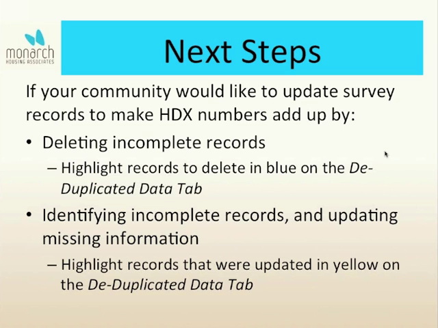If you are updating a record so that it has the gender information, the ethnicity, or race information that was missing on the original HDX summary tab that we sent you, please highlight that record, again, on the deduplicated data tab in yellow. And like I said, this PowerPoint is not going to evaporate. It's going to be available, and you can refer to it if you have any questions regarding what exactly you're supposed to be doing to address this.